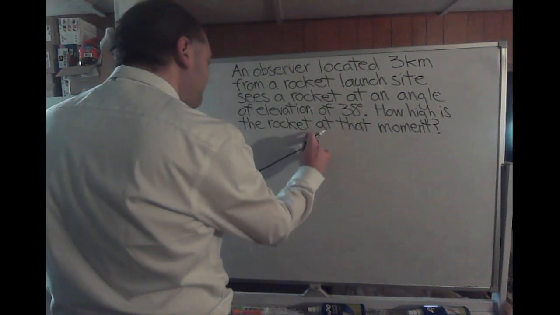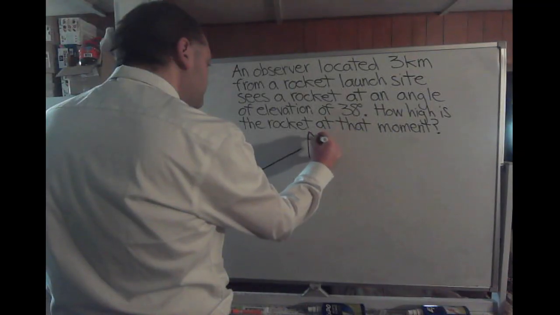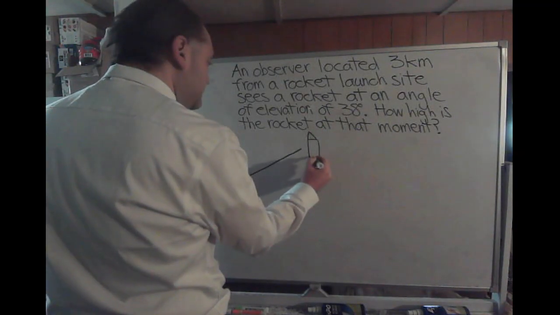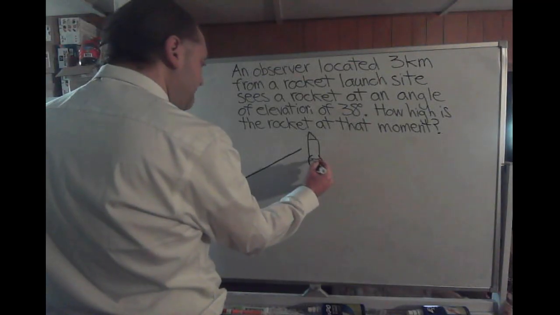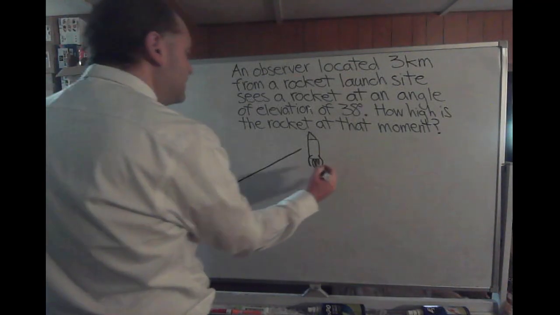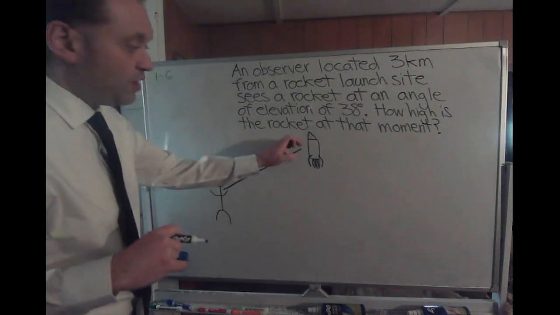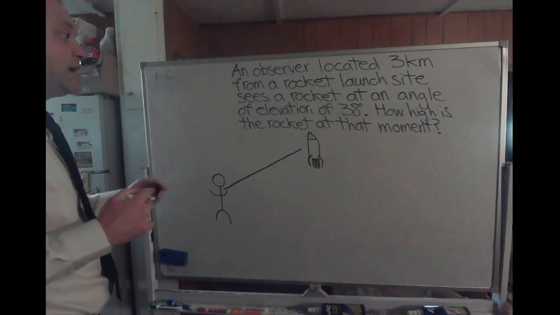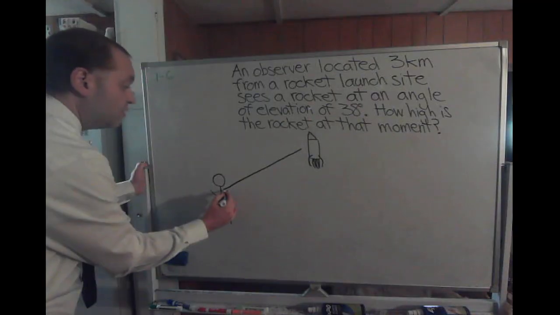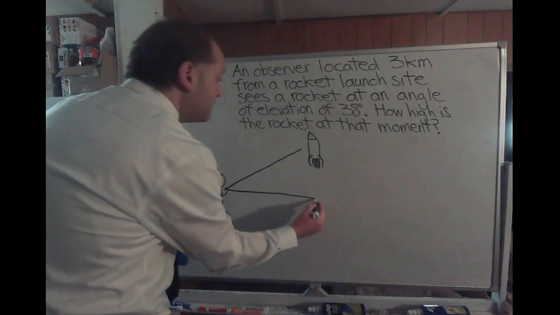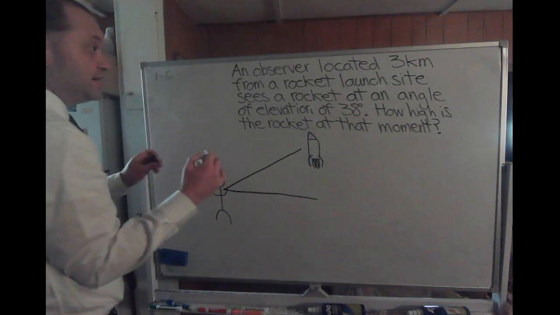So he looks up, he sees a rocket, and he's on the ground, of course, at an angle of elevation of 38 degrees.